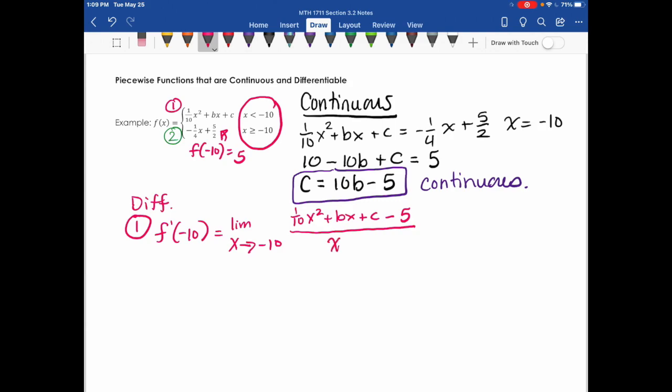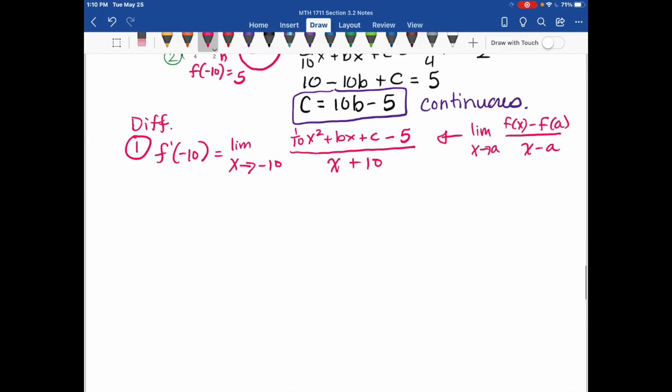So I'm going to subtract 5 all over x minus a negative 10, so this is going to make it a plus 10. So all I did right here was set up the definition of the derivative. And if we recall, that would be the limit as x approaches a of f of x minus f of a all over x minus a. And we're doing this for the first piece. So this is going to get messy, but not hard. It's just messy.